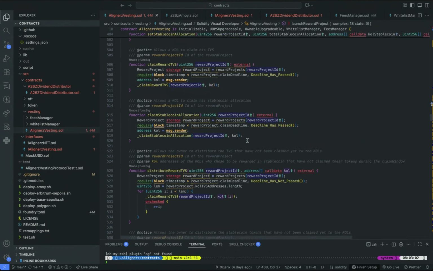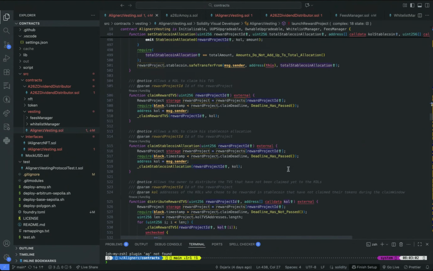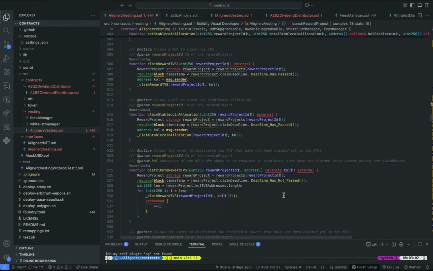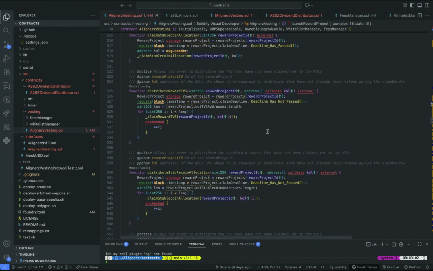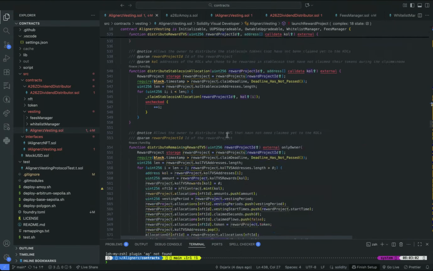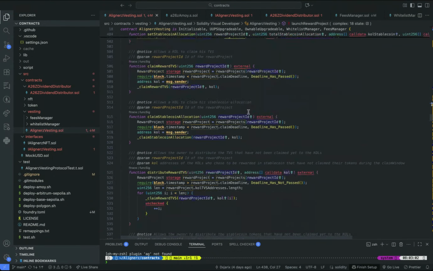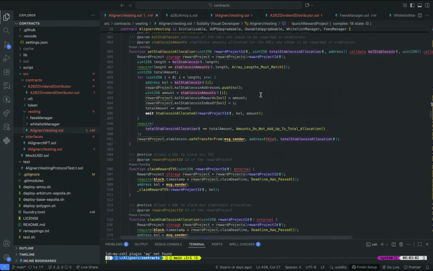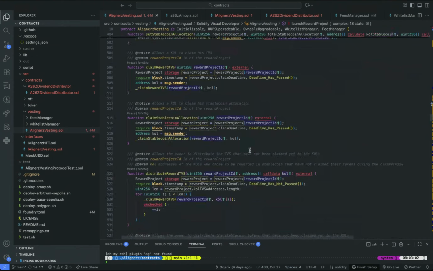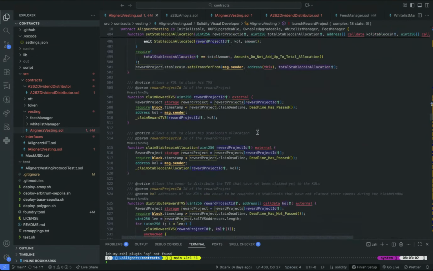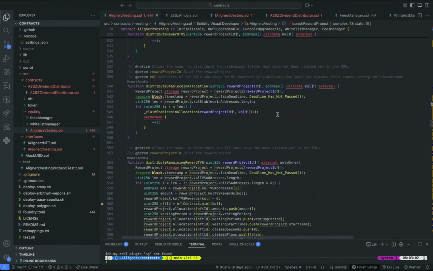And once a certain period has passed, we will airdrop these TVS to the KOLs, in case TVS or stablecoin. But we encourage them, of course, to claim their TVS or their stablecoin allocation before the deadline. But if they don't, then they have this option to receive it as an airdrop.